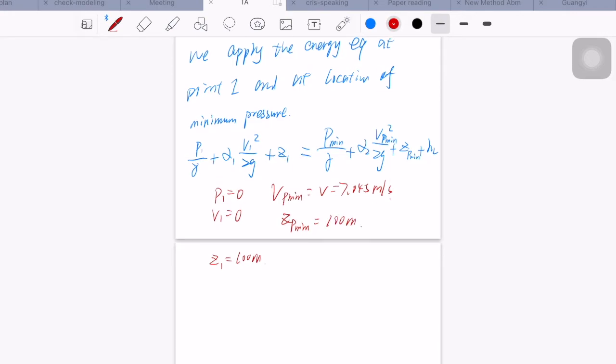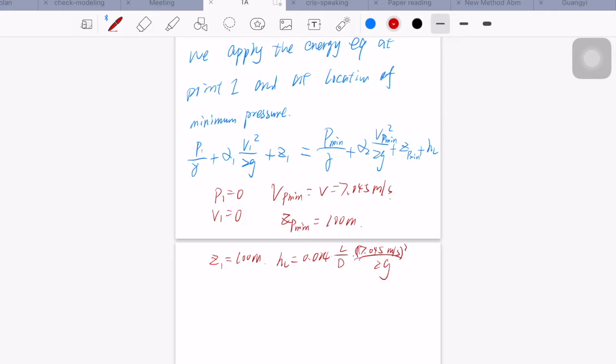And the head loss HL should be equal to 0.014 times L over D times 7.045 meters per second squared over 2g.